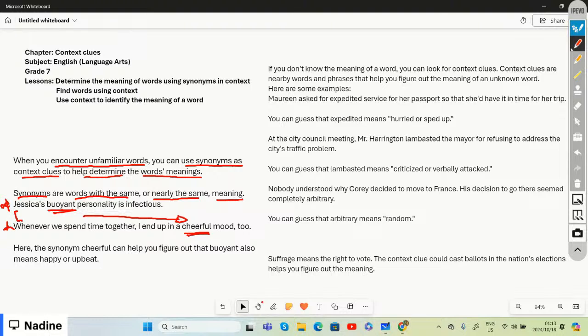The synonym of cheerful can help you to figure out that buoyant also means to be happy, upbeat, or joyful. That is what it means. So you can look at the context of what the person says. Maybe the next sentence or the sentence thereafter will tell you, and you'll be able to pick up what the synonym of a specific word is.